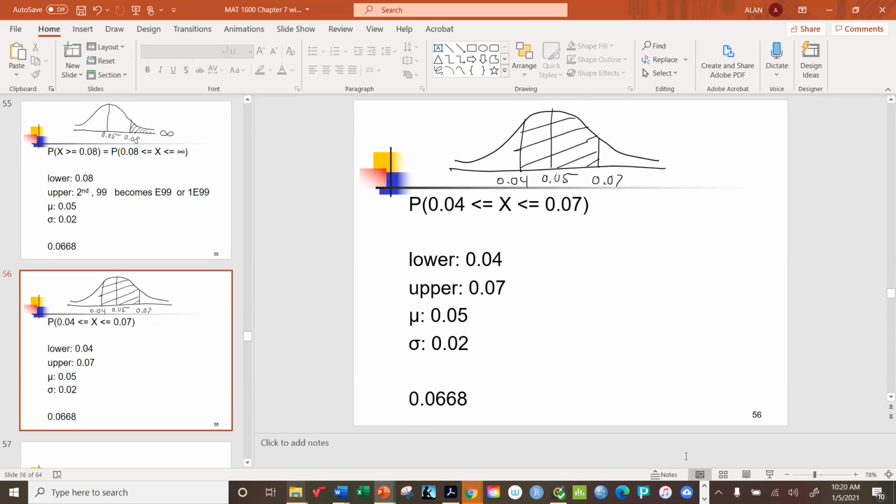Okay, so when you throw those numbers into your calculator, lower is 0.04, and 0.5328 is our answer.